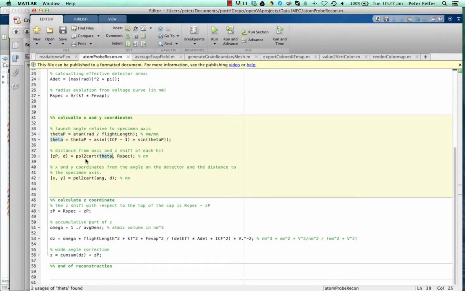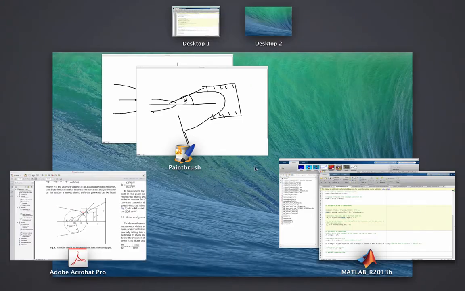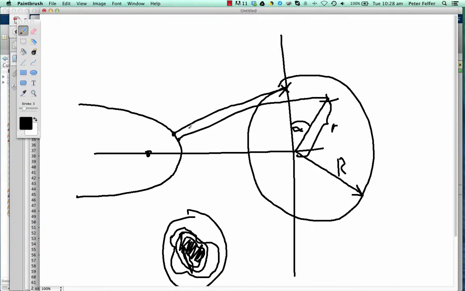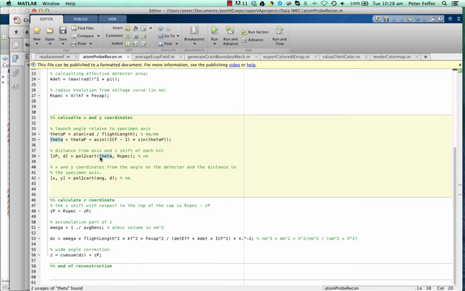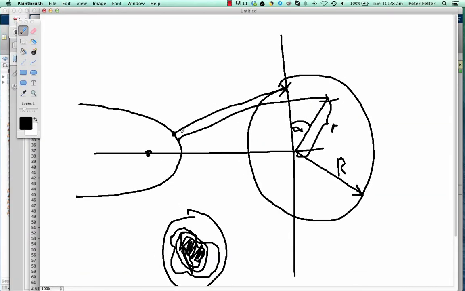And that's exactly what's happening here. So it's the polar to Cartesian of the angle theta and the specimen radius at the time when we're evaporating this ion. And this way we'll get two things. That's the distance from the axis, d, which is this distance here.